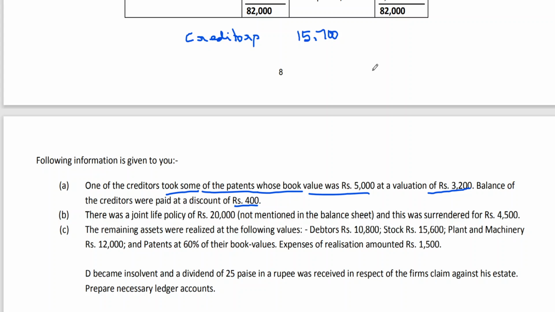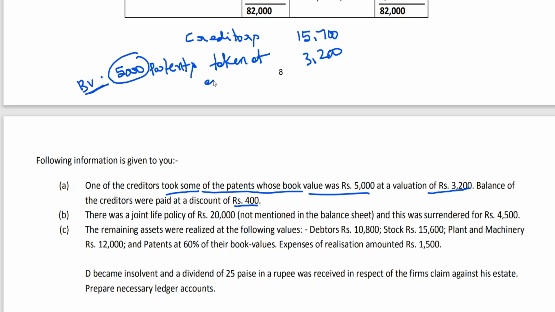Creditors 15,700. One of the creditors took some of the patents whose book value is 5,000 at an agreed value of 3,200.